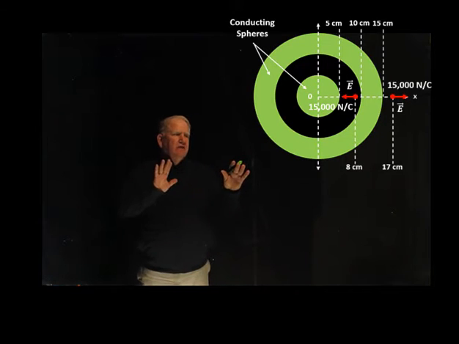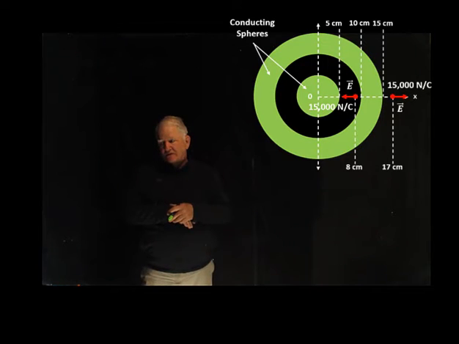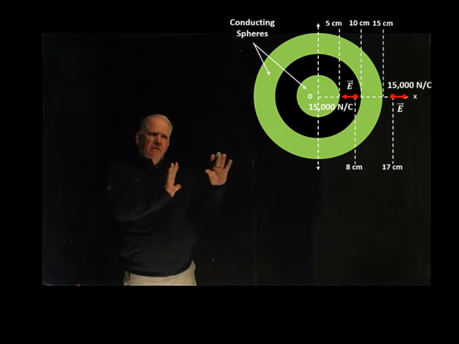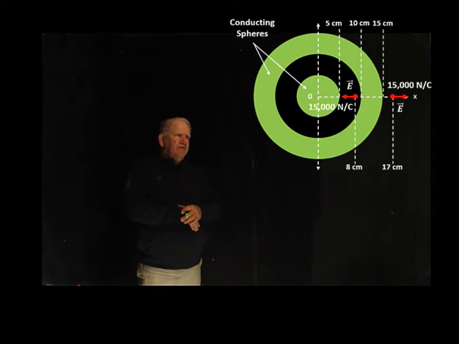And you're going to see that Gauss's law just takes care of this problem in just a heartbeat. In fact, you really just have to do one or two calculations here and you'll arrive at the solution very quickly.